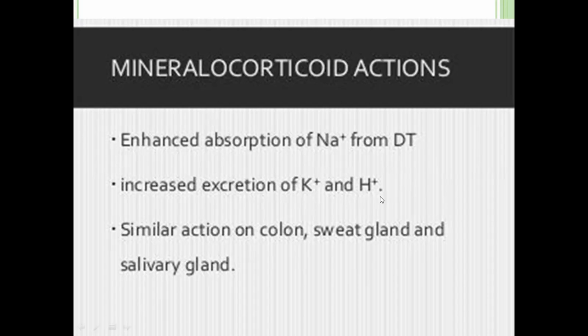Potassium and hydrogen. And it increases absorption of sodium from the distal tubule. This is in short about the pharmacokinetics and action of mineralocorticoids.